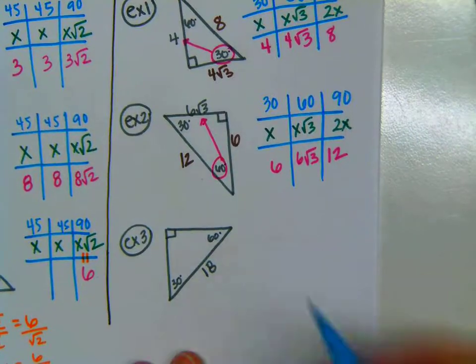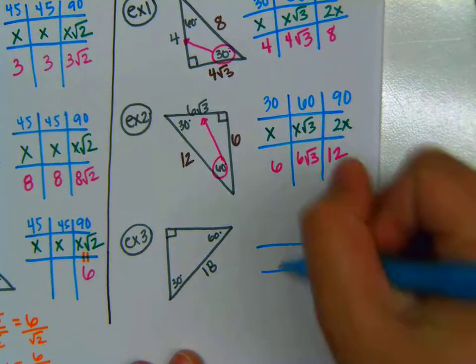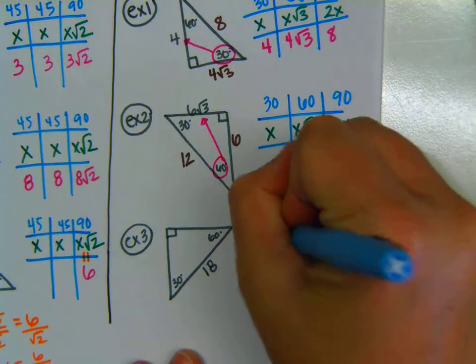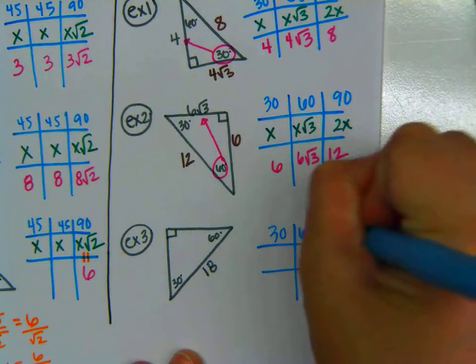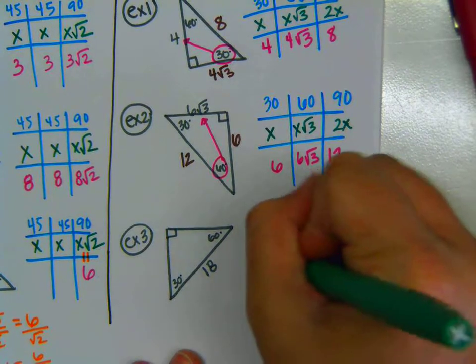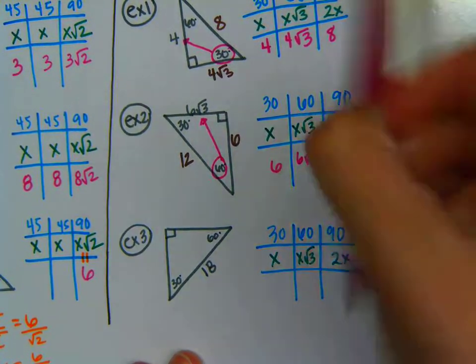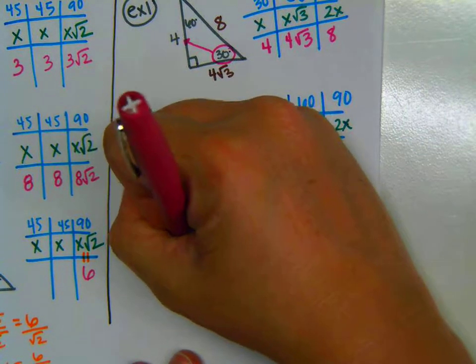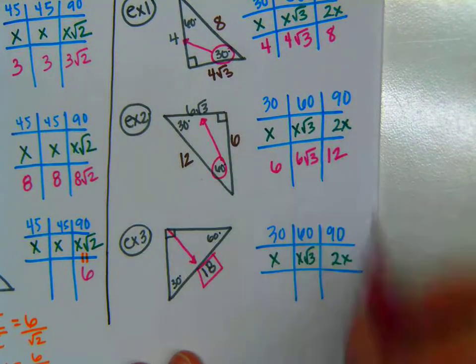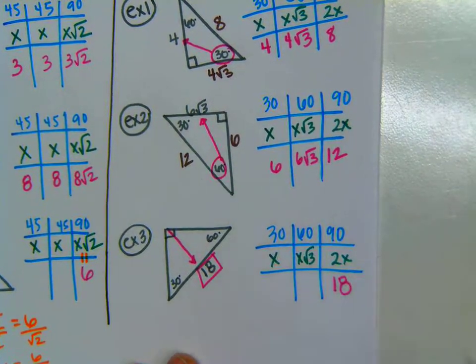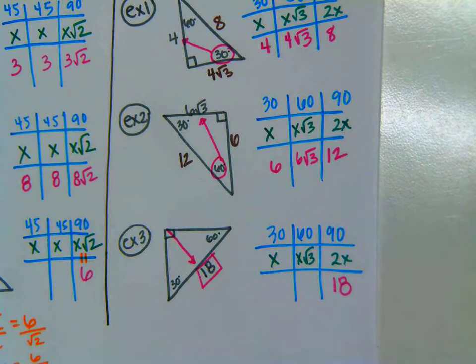Okay, and then the last one. We're given across from the 90 is 18. So I'm going to write that here. Given that information, what's x? 9, right?